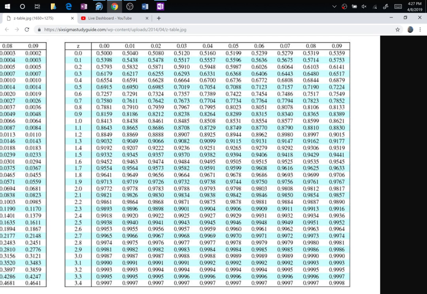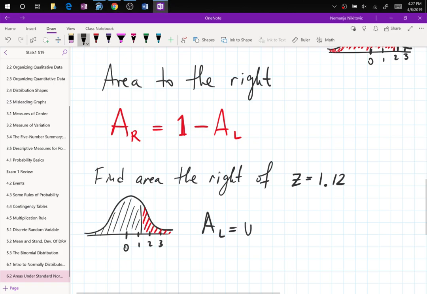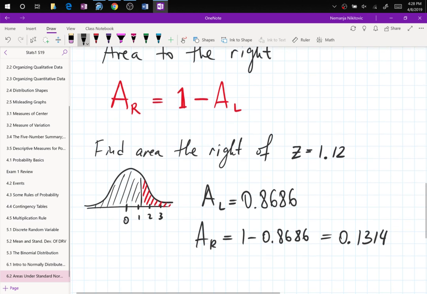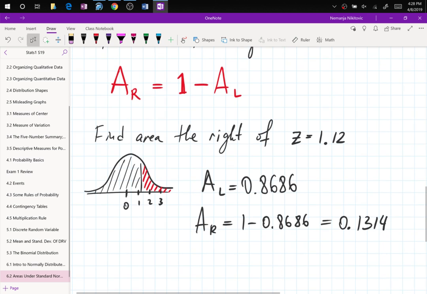Okay, yes, you're right. 0.8686. And now area to the right is 1 minus 0.8686, which is equal to 0.1314. So that's the way to find area to the right.